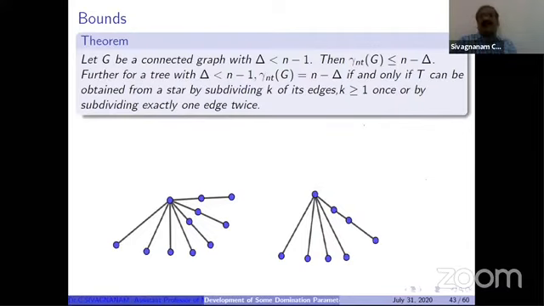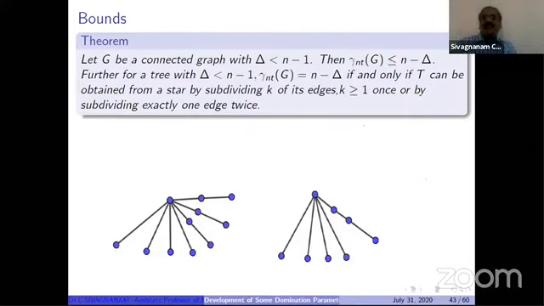For a tree with delta less than n minus 1, gamma nt of T equals n minus delta if and only if T can be obtained from a star graph K1, n minus 1 by subdividing k of its edges only one time, or subdividing exactly one edge twice.